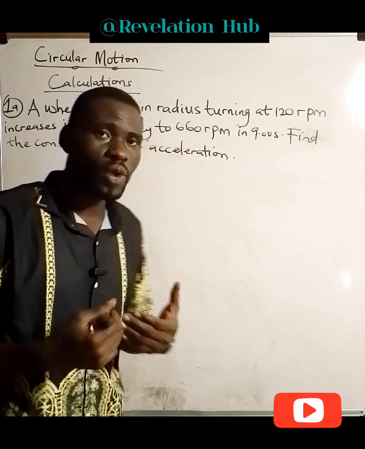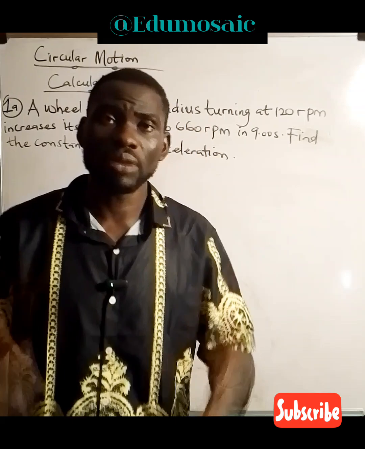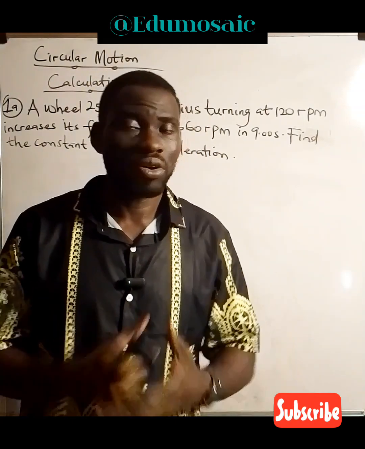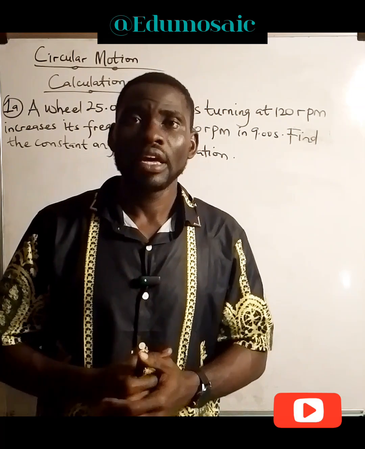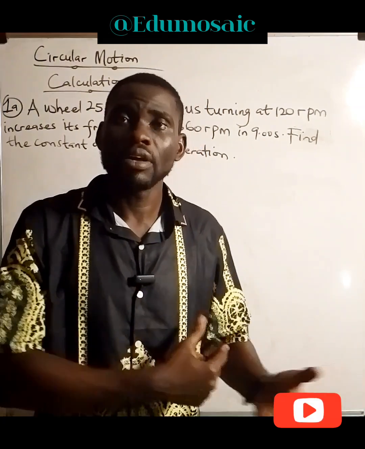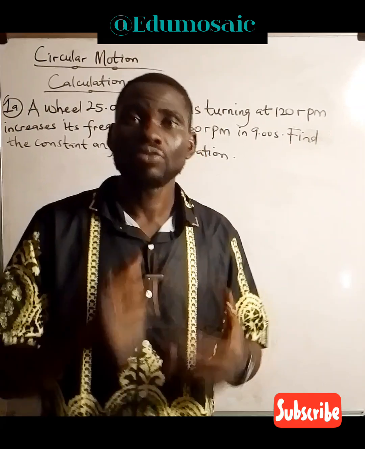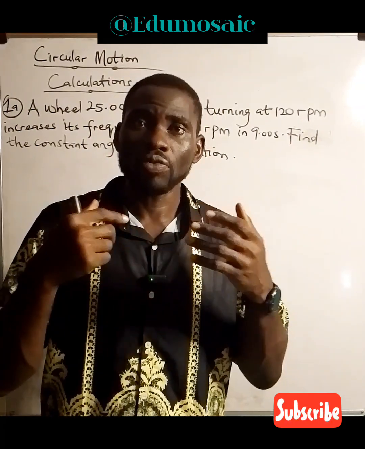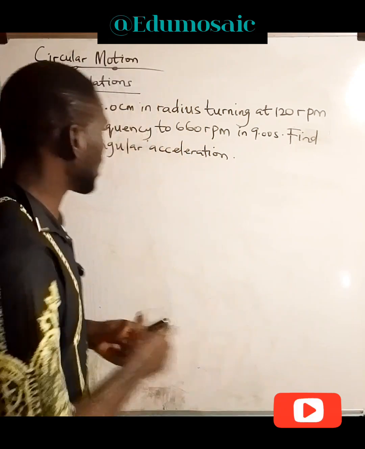Now, the same way we have various kinds of formulas for linear or tangential quantities, that's the same way we have various formulas also, I can call them equations of motion, for angular or centripetal quantities. Now this is what I mean.